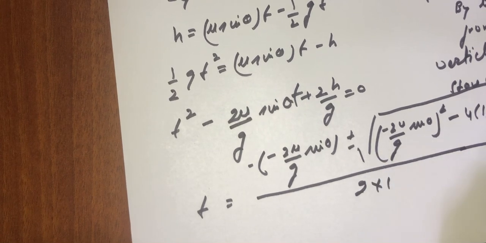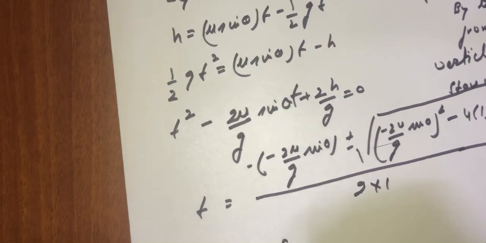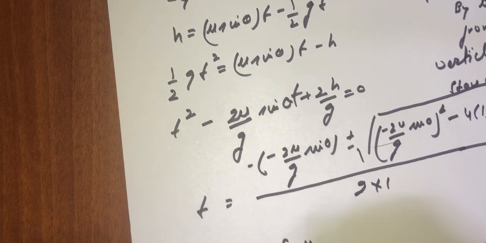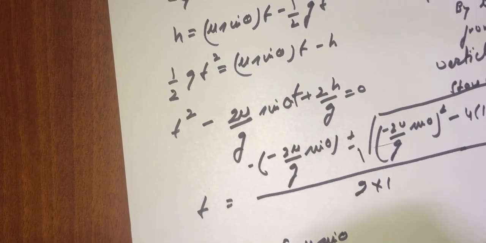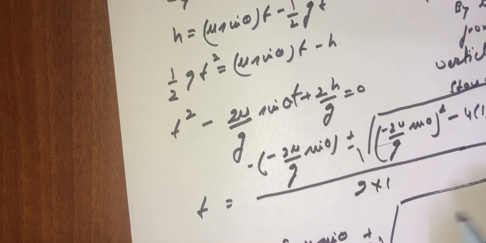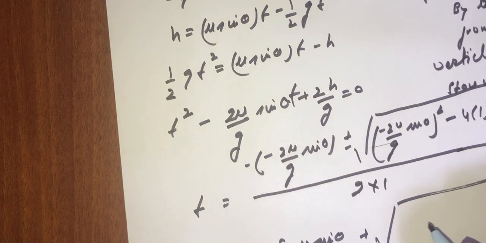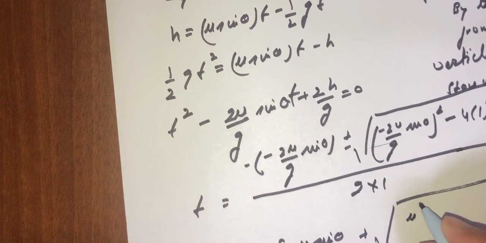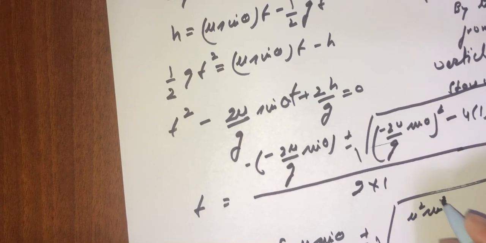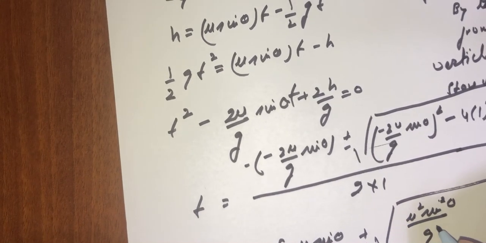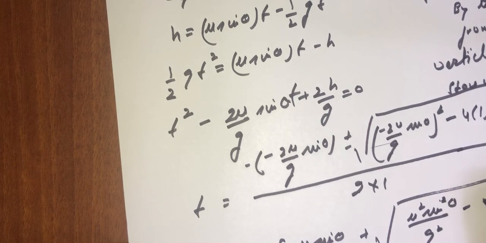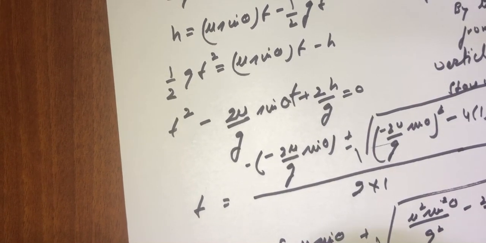So we can take 2 common from the entire expression, so this will come as u sin theta divided by g plus minus square root of u square sin square theta divided by g square minus 2h upon g. This 2 cancels out with this 2.